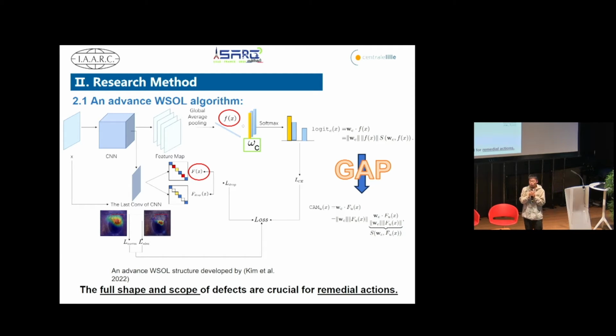So in this study, we adopt an advanced weakly supervised object localization algorithm that introduces loss functions tailored to address this gap. For example, for the defect of root, this is a heat map generated by the original CAM method, and this is a heat map generated by our advanced CAM method.